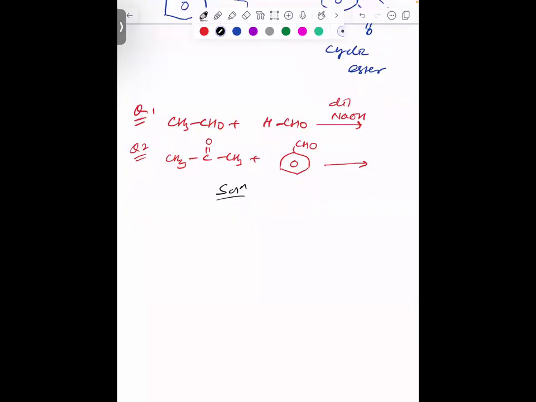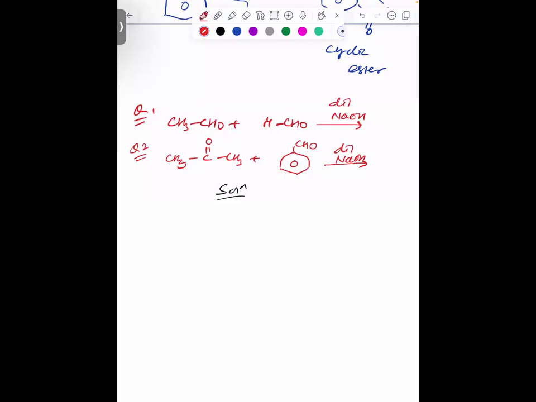So first, in the first one, if you see, ethanol contains acidic hydrogen, whereas the formaldehyde doesn't have any acidic hydrogen.